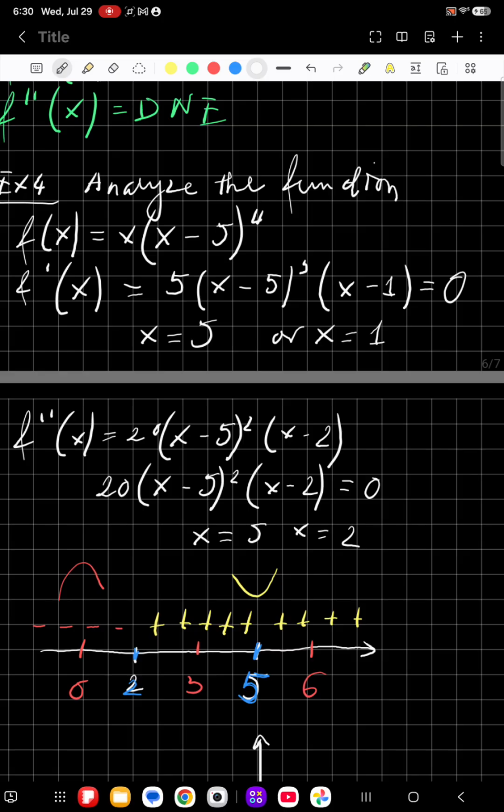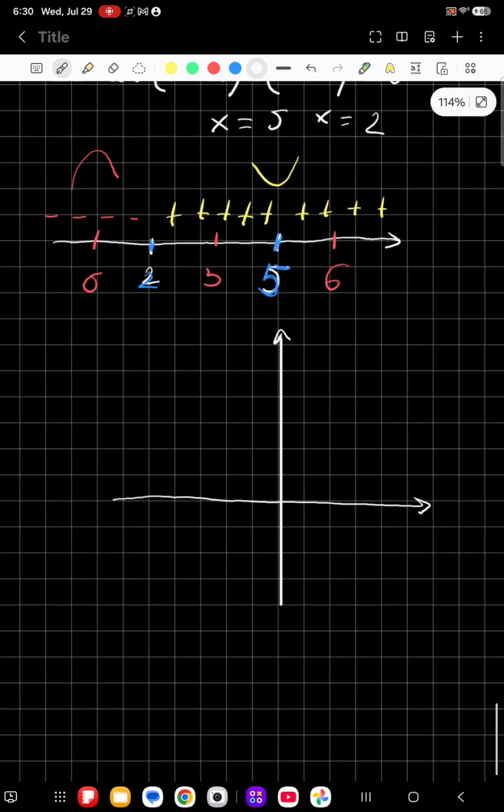Okay, so let's put those two numbers on that graph. So we have 1, then we have 5. And then we have the point of inflection, which is 2. I'm going to put it on the graph afterwards.